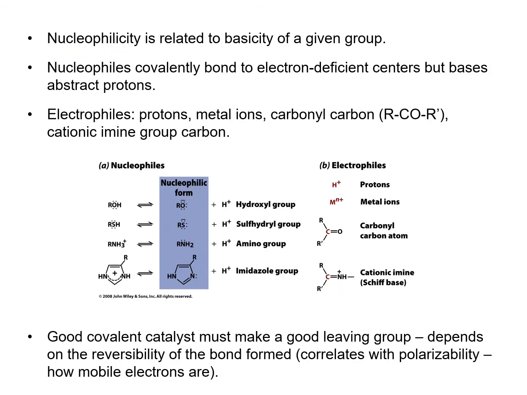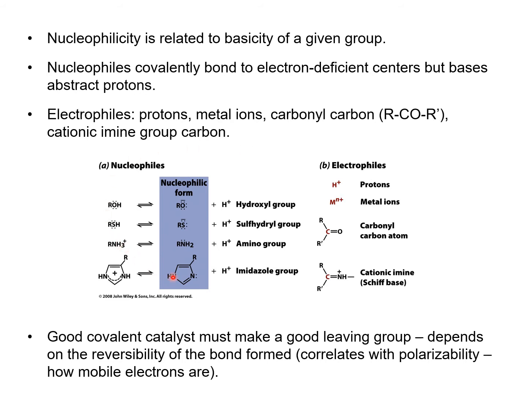Nucleophilicity, which is a property to love a nucleus, is related to basicity of a given group, and basicity is the property of being prone to accept protons. So they are related, but they are different because nucleophiles, which have nucleophilicity, covalently bond to electron-deficient centers. However, bases are prone to abstract protons from other molecules.